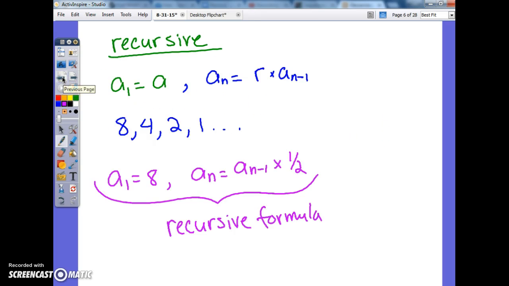And remember, to find the common ratio, it's the nth term divided by the previous term: a sub n divided by a sub n minus 1. Okay, that's it.